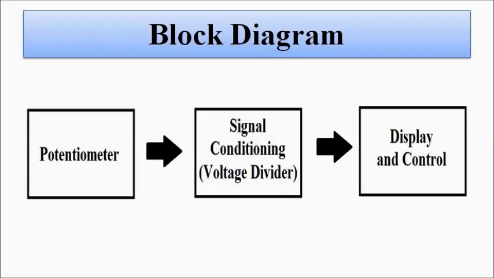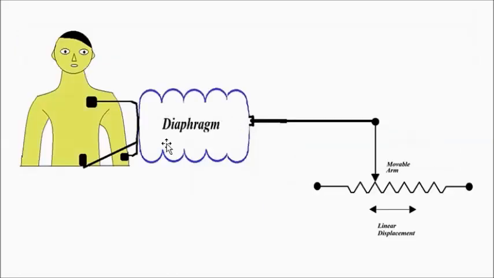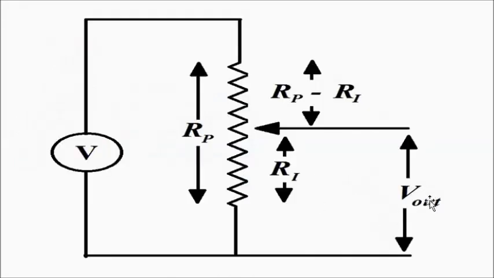So that is the basic principle. Okay, conversion of the fluctuations of pressure into suitable movement by the diaphragm, and that movement of the potentiometer, it gives us a electrical output.